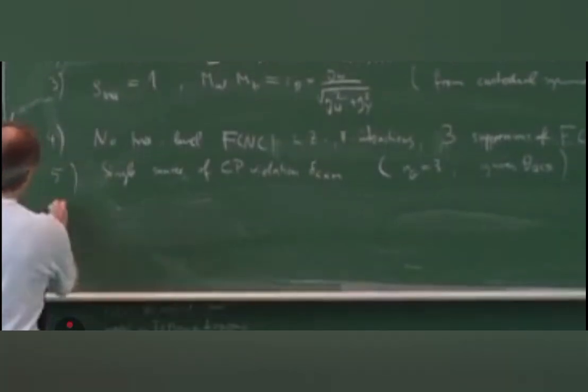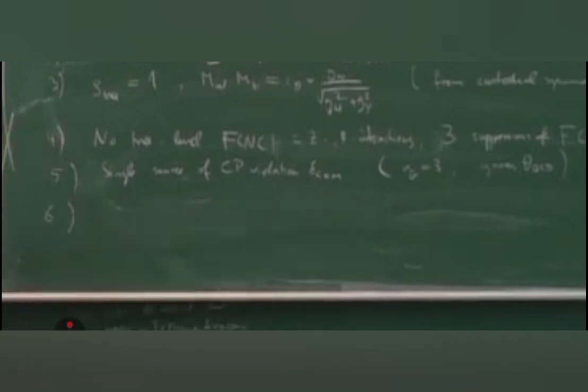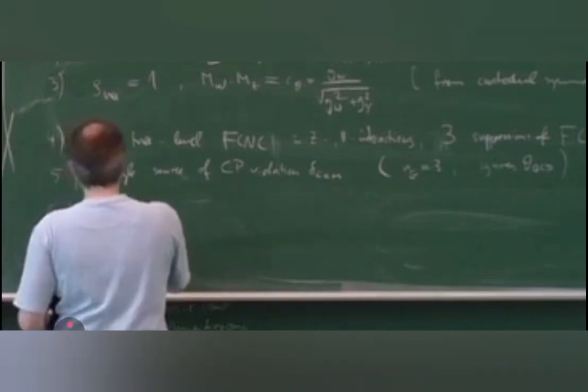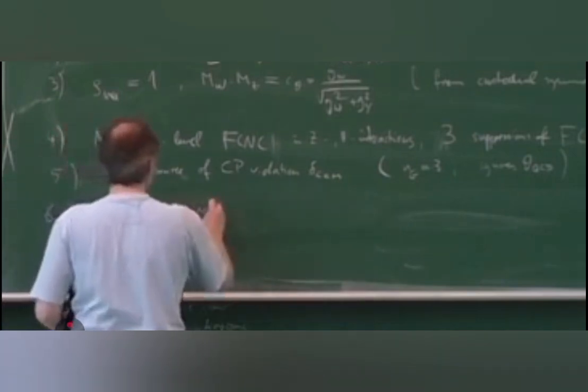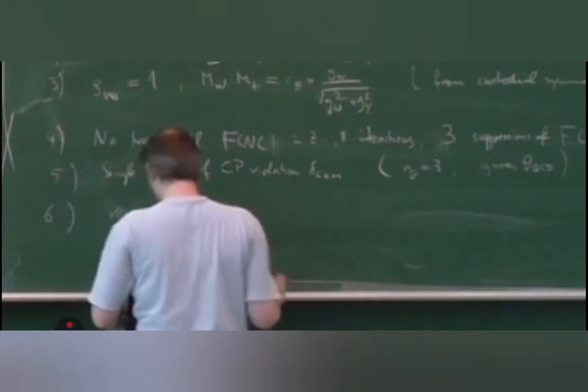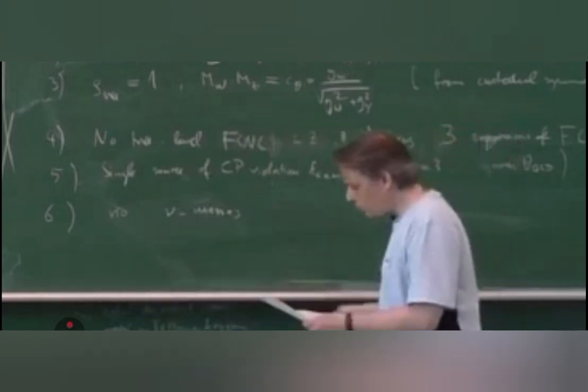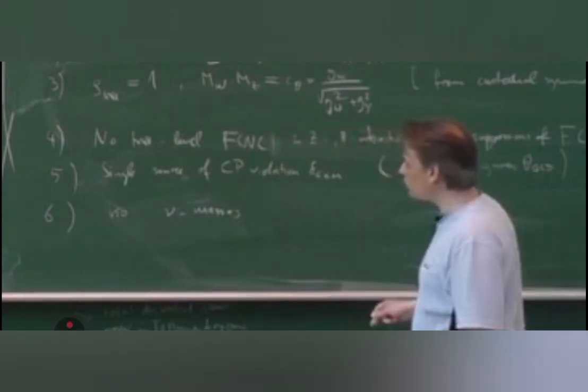And then maybe I would like to add here a statement on neutrino masses. We didn't put right-handed neutrinos into the standard model field content, and then automatically the neutrinos are massless. So we have no neutrino masses. Since we didn't put in the right-handed neutrinos, that is an automatic consequence, so it's maybe not a miracle in the same sense.